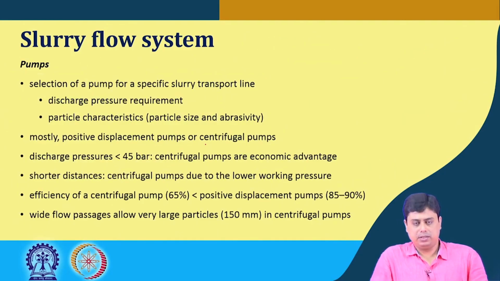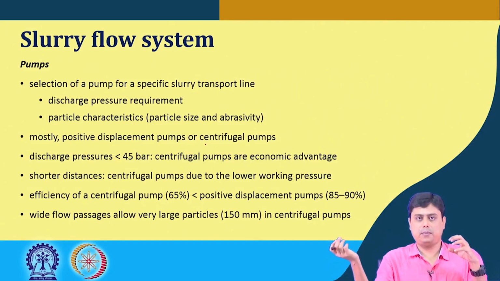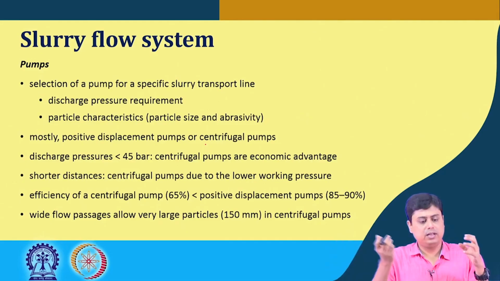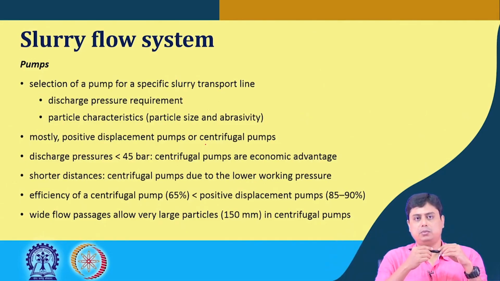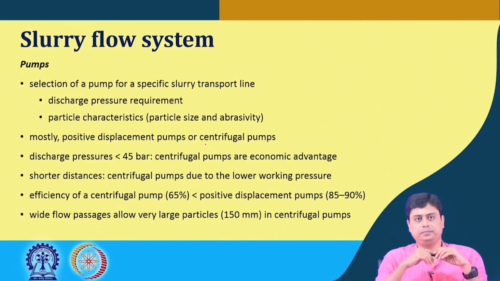Now, the pump selection. Once slurry is prepared for effective transport, we have to choose an appropriate pump that can take it to the desired distance. Selection of a pump for a specific slurry transport line depends on two factors: one is the discharge pressure requirement, and the other is the particle characteristics, that is its size, abrasivity, etc. Mostly positive displacement pumps and centrifugal pumps are used.